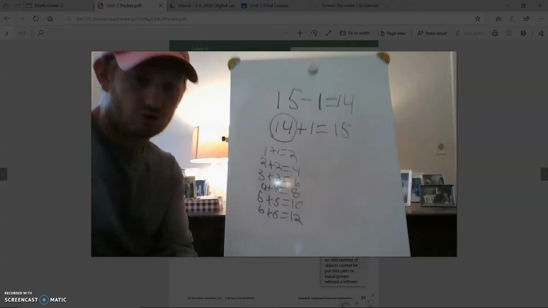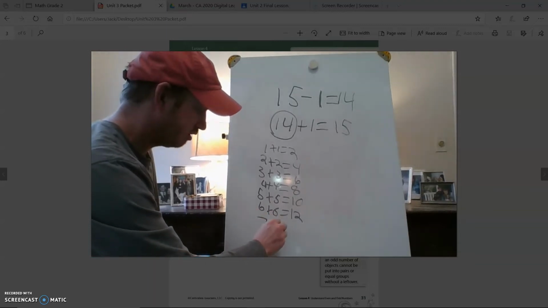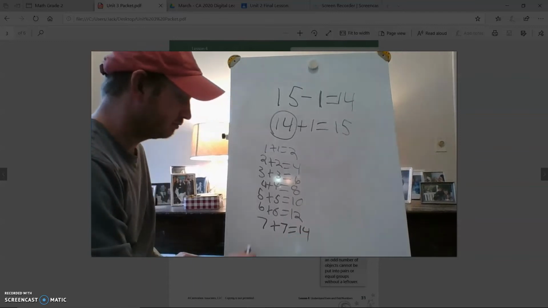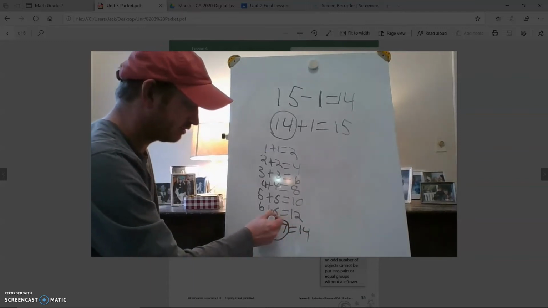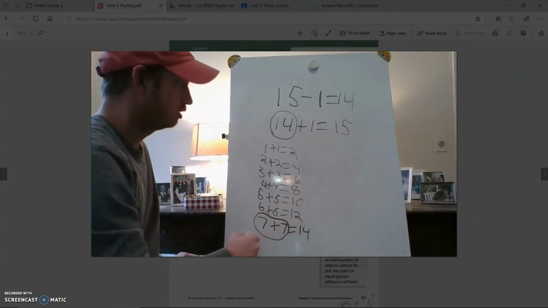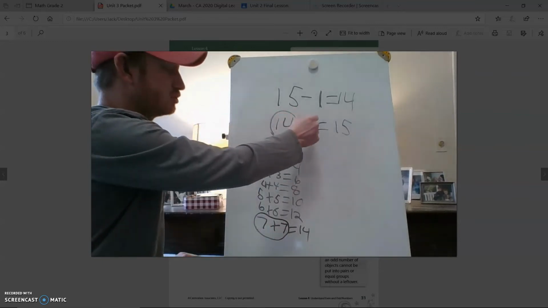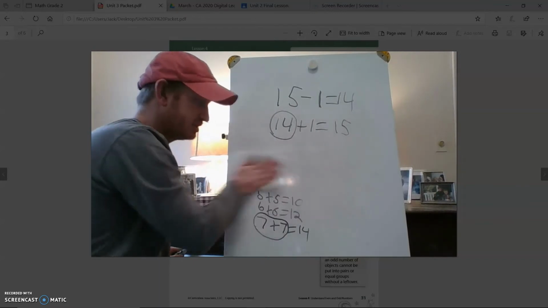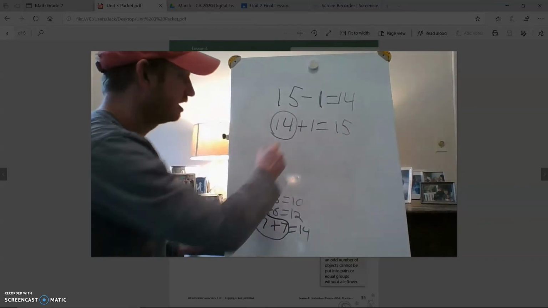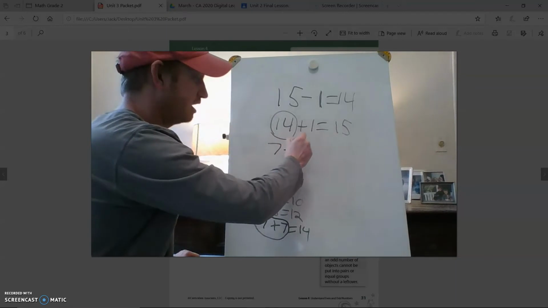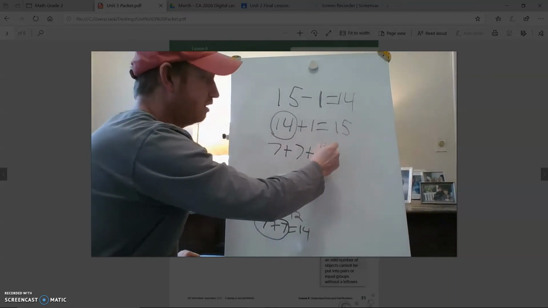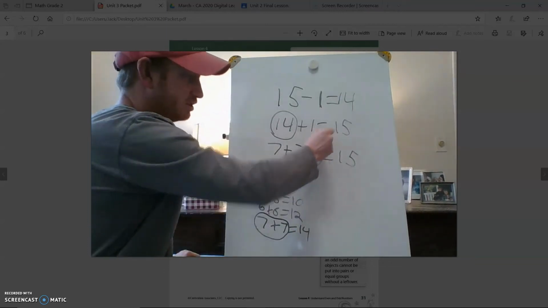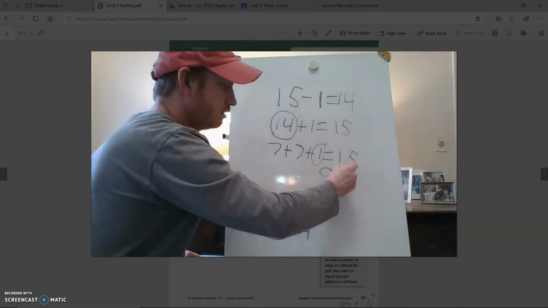And 7 plus 7 is 14. So I got my doubles facts for 14. And I know 14 plus 1 is 15. So that means it is the same as saying 7 plus 7 plus 1 is equal to 15. And because we have to have that plus 1, it is odd.